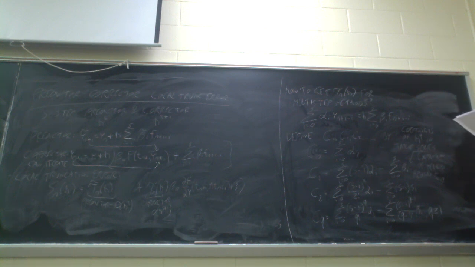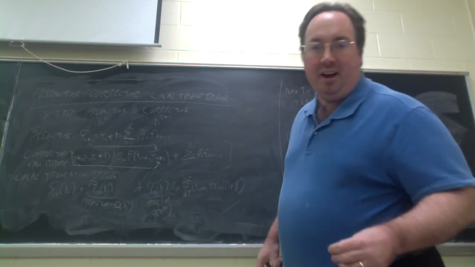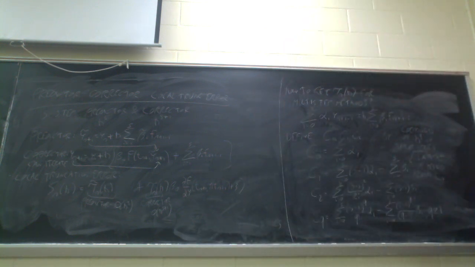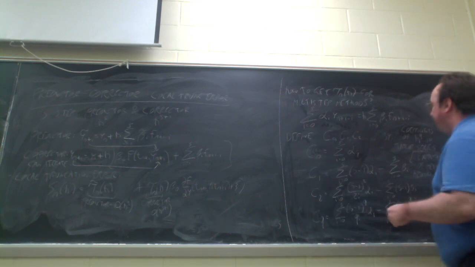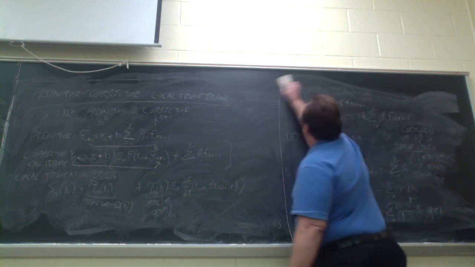Okay. So now that I've beaten this dead horse about local truncation error for multi-step methods, what about stability? How can we check stability?